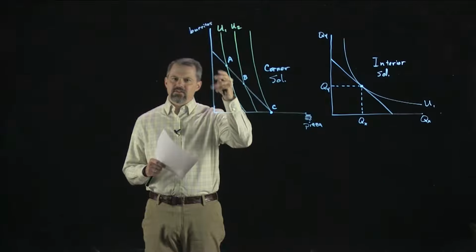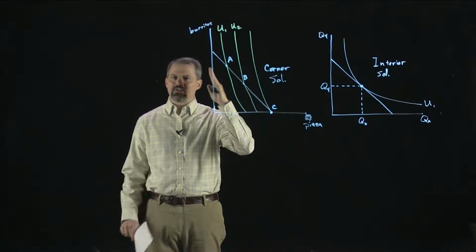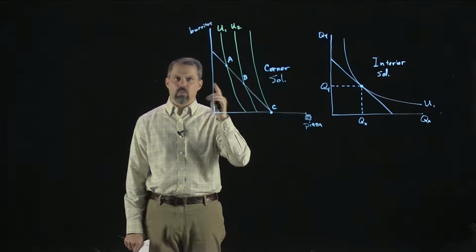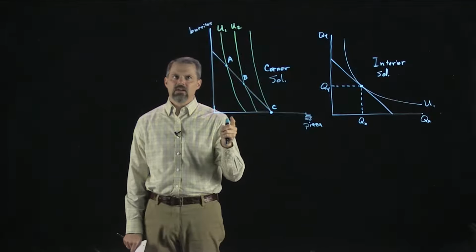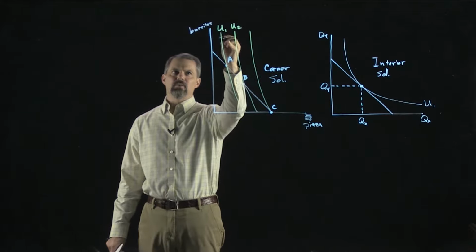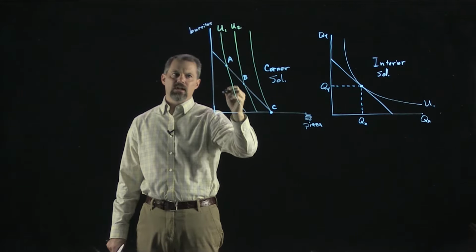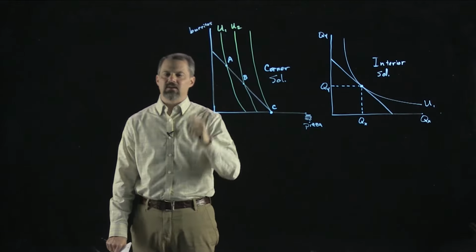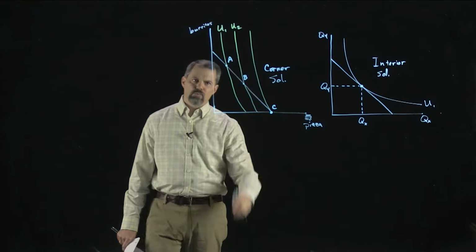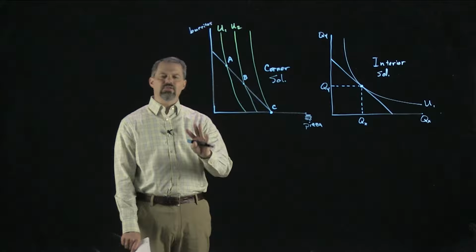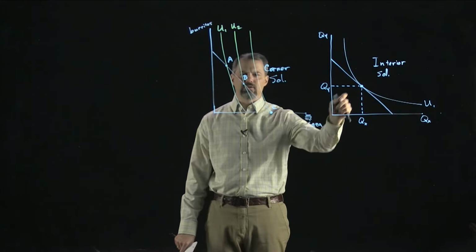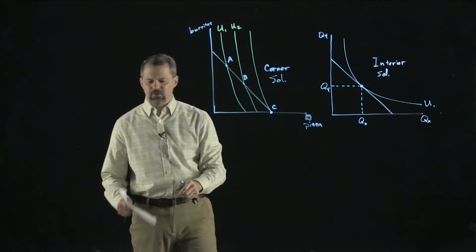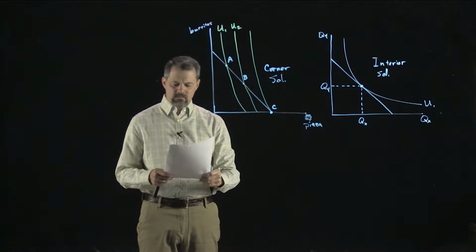And remember that the steepness of the indifference curves tells us how much the consumer likes one good relative to the other. And here we can see that the consumer is willing to give up a whole lot of burritos for a little bit more pizza. They really like pizza compared to burritos. So we get this unusual outcome. But most of the time we have interior solutions. It's relatively rare that we have a corner solution.